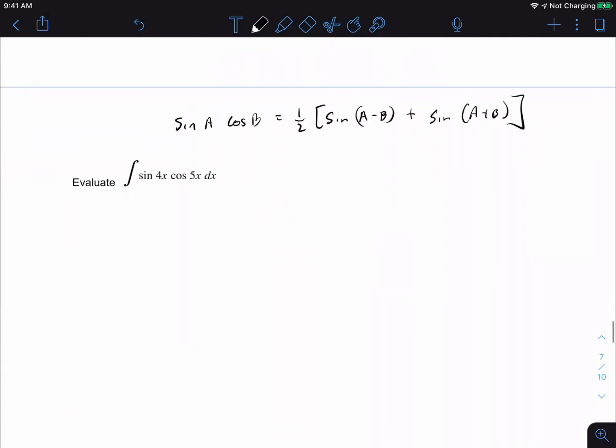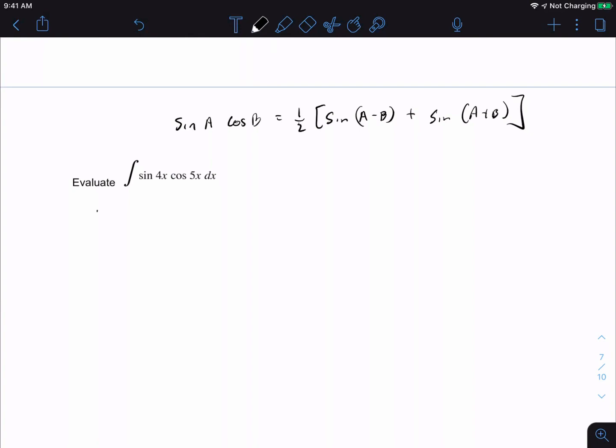Here we go. So I'm going to change my integral using that rule, because it'll make things easier for me. This is a product that I don't know what to do with, so I want to break the product up into some sum.